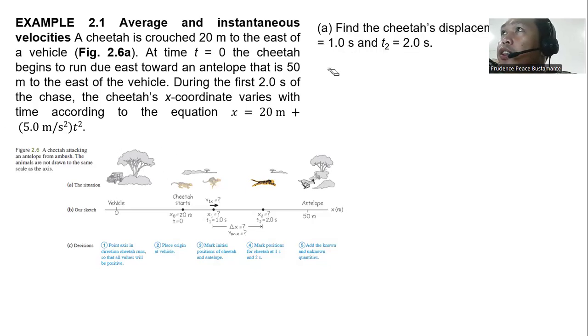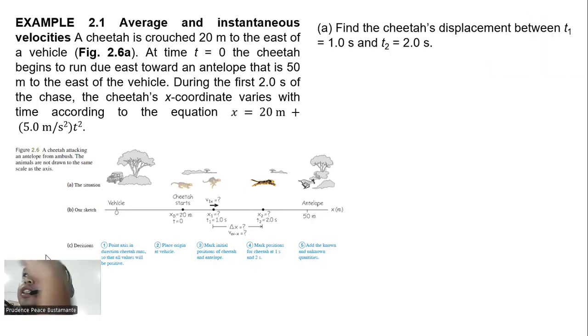So the first question is: find the cheetah's displacement between time t1, which is 1.0 second, and time t2, which is 2.0 seconds. So we are asked to find the displacement.